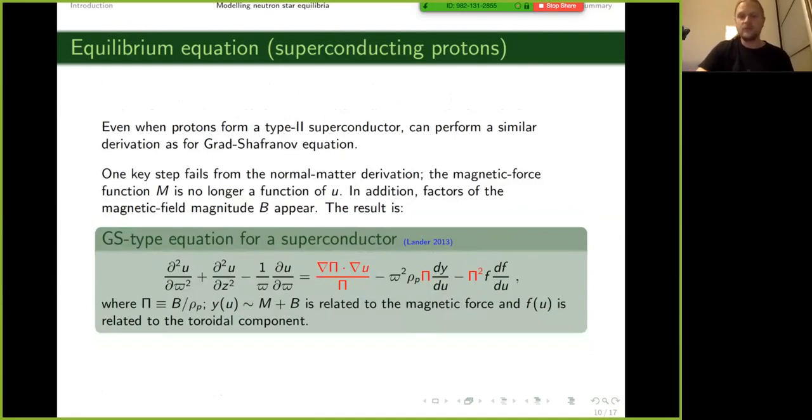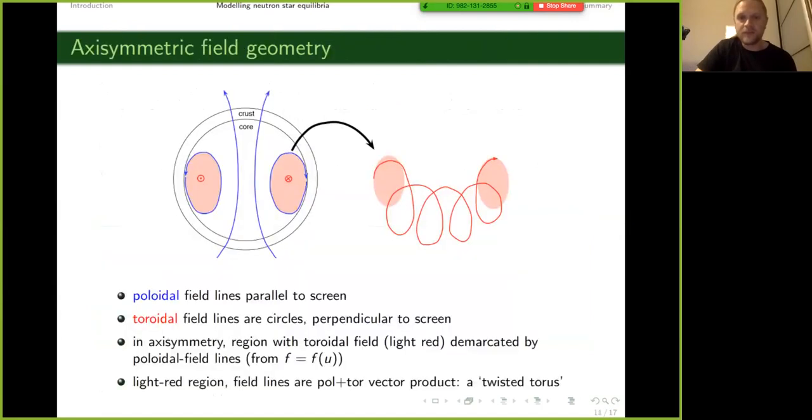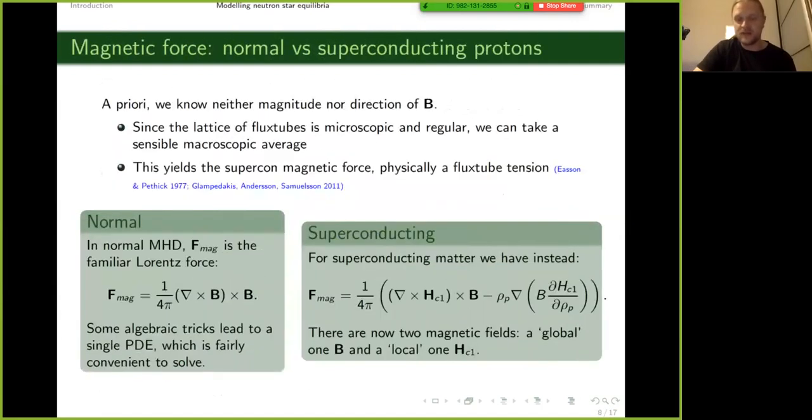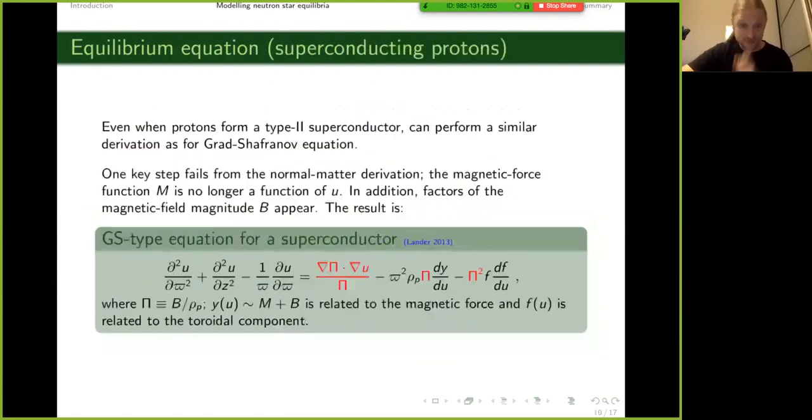And I'm going to jump back again, sorry. This scalar B, which I said was going to come back to bite us, comes back to bite us at this point. The magnetic field magnitude B appears explicitly now, which it didn't in the previous one. So this is the equivalent of the Grad-Shafranov equation for a type 2 superconductor. The terms in red are basically the ones which are different from the normal case.